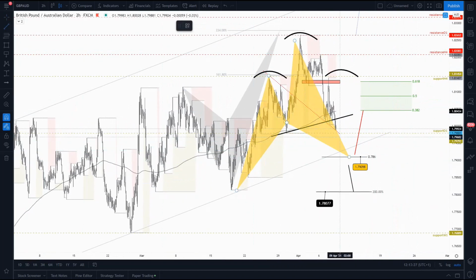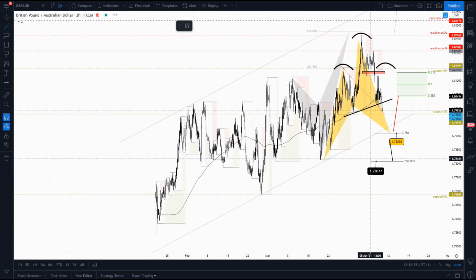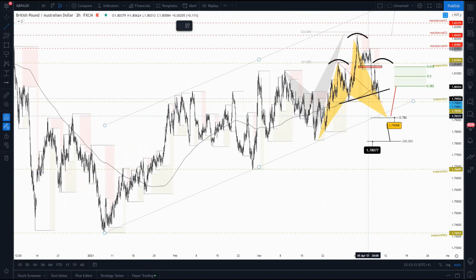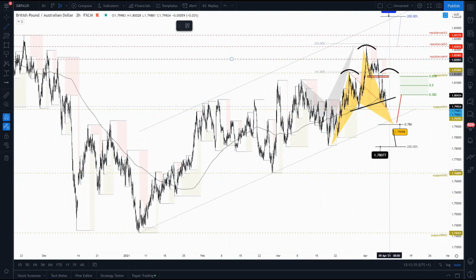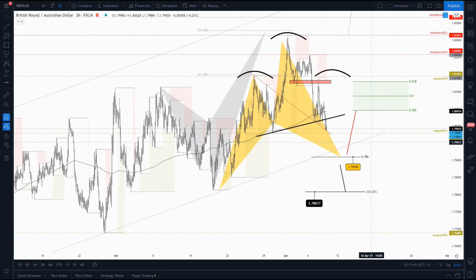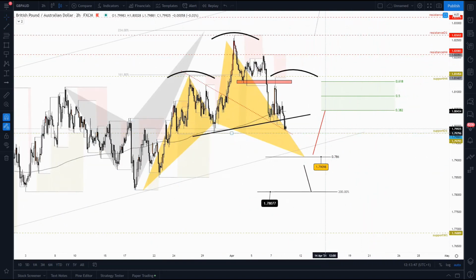Of course, a bounce from this bullish cipher pattern will suggest more upside momentum inside this ascending channel. So eventually we'll see the price scaling even higher from these levels. I'm not saying it will, but there is a probability for that to happen if the market decides to keep inside this ascending channel.